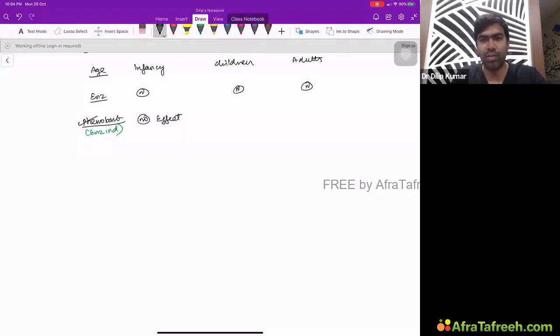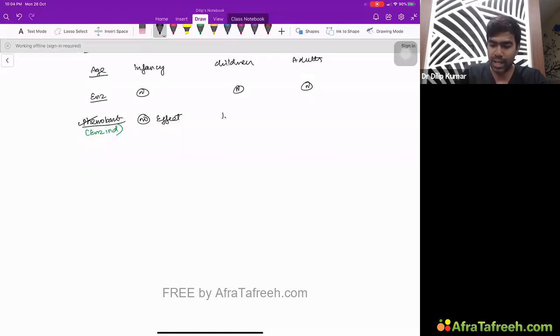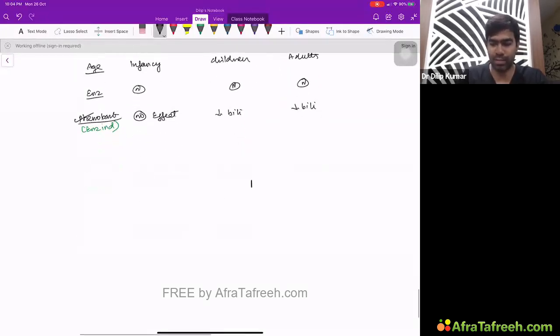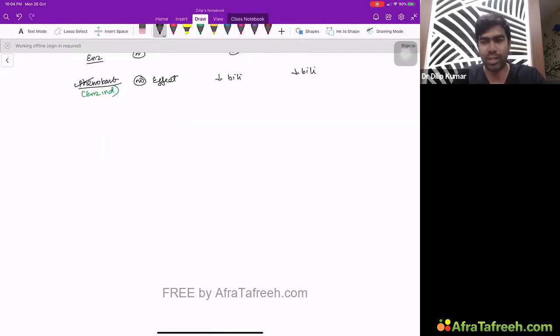Whereas in Crigler-Najjar type 2 and in Gilbert syndrome, there will be a decline in the bilirubin after giving phenobarbital, or probably even after taking alcohol. Why is this happening? Because there is at least some enzyme in these two situations which phenobarbital or alcohol can induce and activate, resulting in more conjugation and a decline in the serum bilirubin.